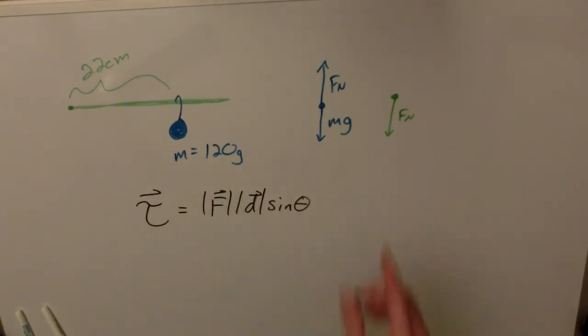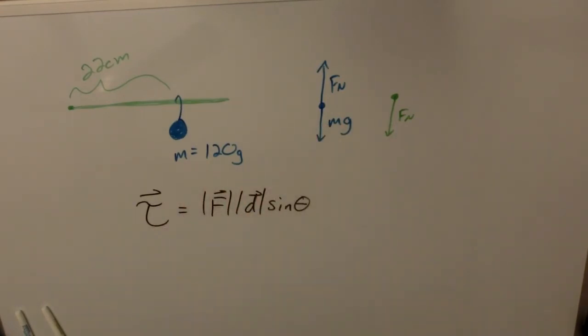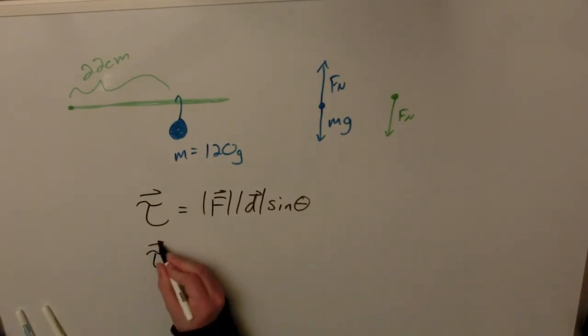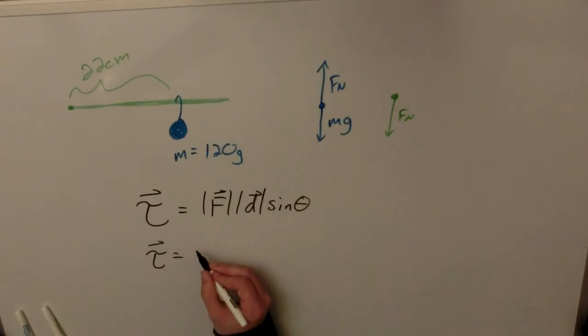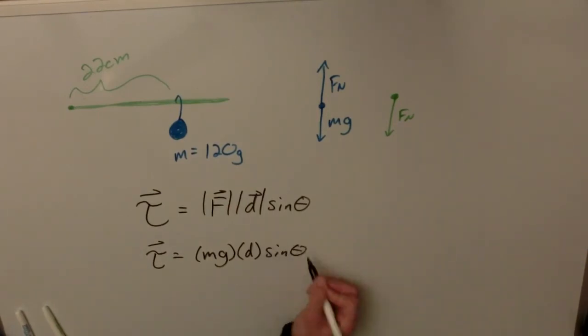Okay, so we know that the force, in this case, is equal to the normal force as a result of supporting the ornament. So it's going to be equal to the gravitational force on the ornament. So that means for our torque, our tau is our force, which is mg, times our distance, how far out on the tree limb we are, times sine of the angle between them.